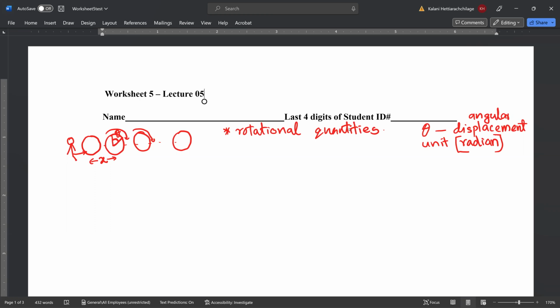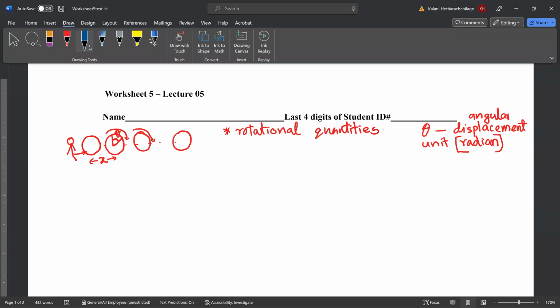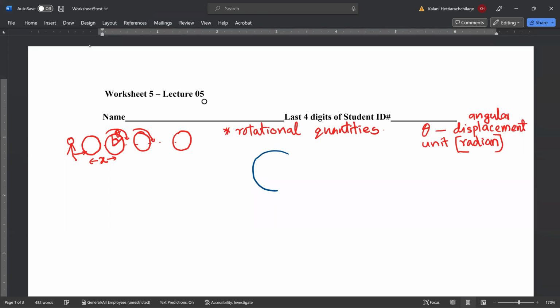But the important thing we discuss is how the angular speed and the translational speed relate to each other. A simple conceptual example: if you ride a merry-go-round, as I discussed in the lecture, there is a merry-go-round and you and your friend are going to ride it, but you like to sit in two different places, right?